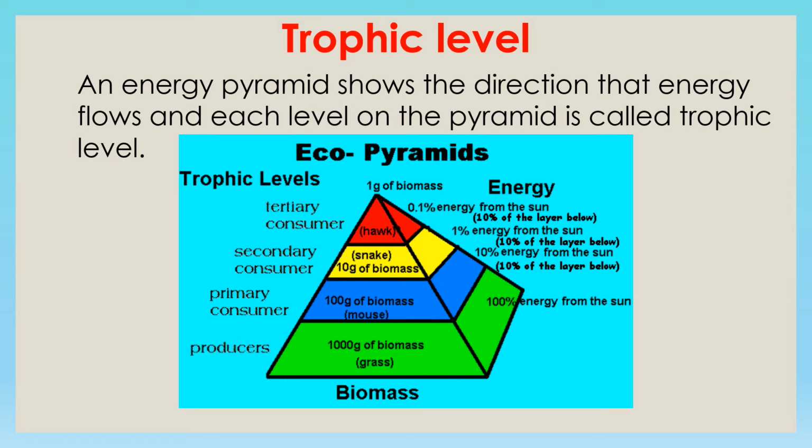For producers, they get 100% energy from the sun. So as the primary consumer consumes this energy from producers, so they'll eat grass. So for example, a cow eating grass or a mouse eating grass, it gets 10% energy from the sun.